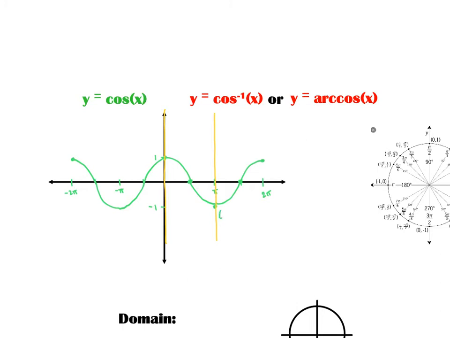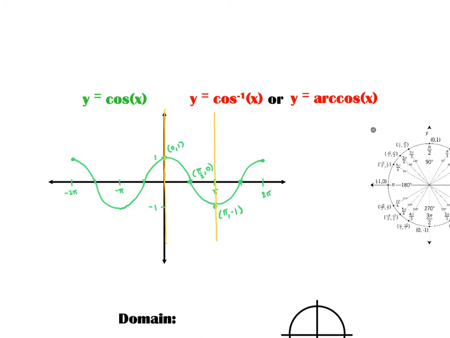So this point here was the point pi, negative 1. This point, of course, is pi over 2, 0. Okay, and this point here is 0, 1. Okay, so now we're going to sketch inverse cosine in red.